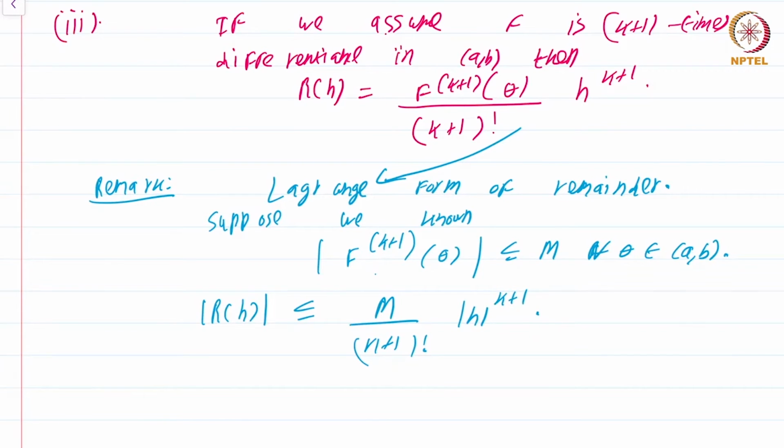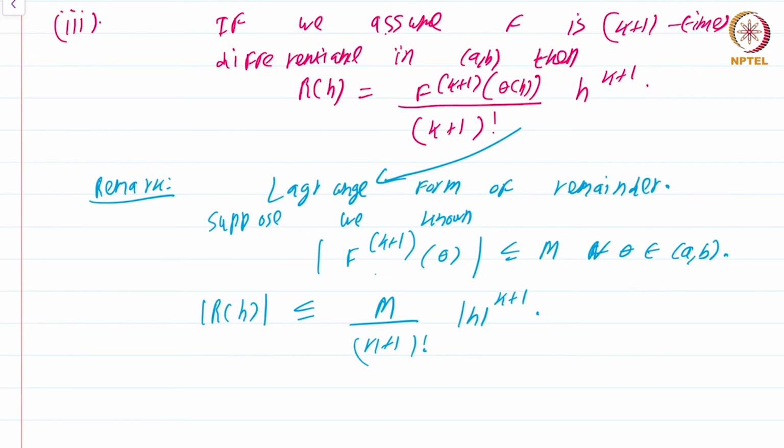Now observe that in the Lagrange form of the remainder, there is a quantity theta that is unknown to us. This theta will in general change when you perturb the point h. So even if you have fixed x, depending on h, this theta will change. Even though I have written R of h, there is an implicit dependence on h in theta, so a better way to write it is theta of h, a function whose behavior is unknown to us.